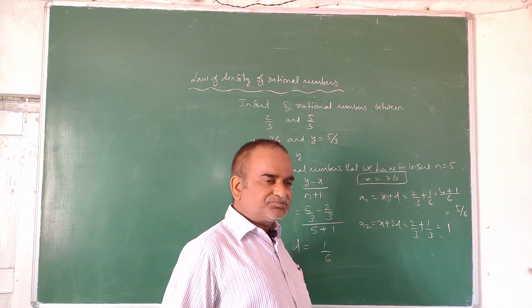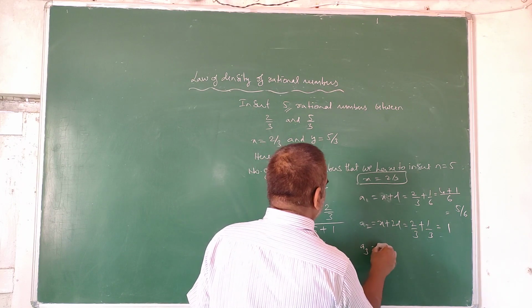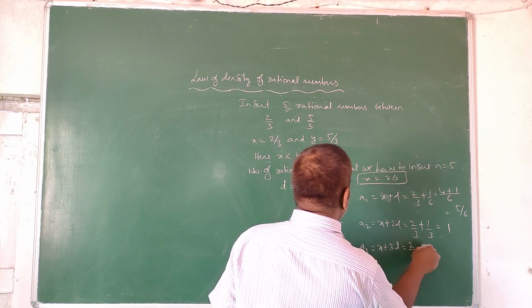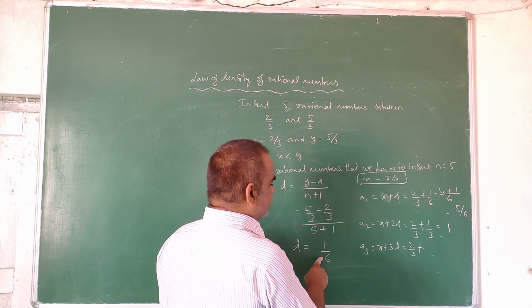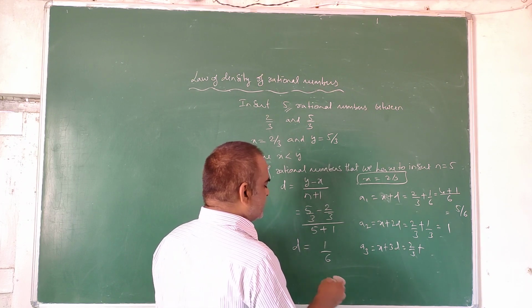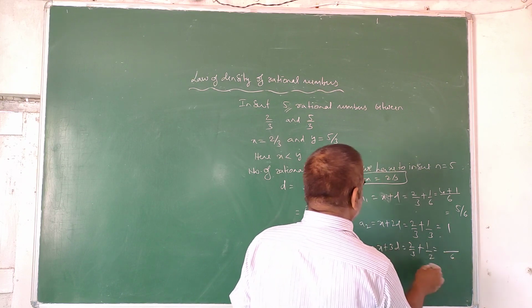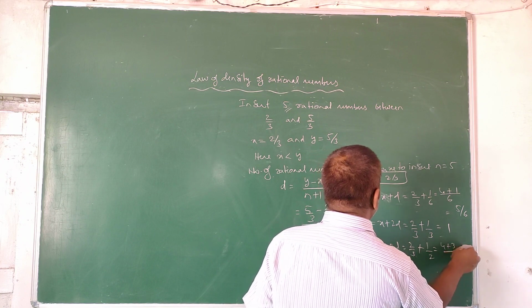Are you following? So now the third rational number, x plus 3d. So 2/3 plus 3 into 1/6. 3 into 1/6 is 1/2.